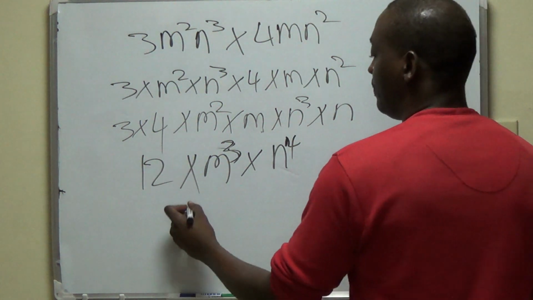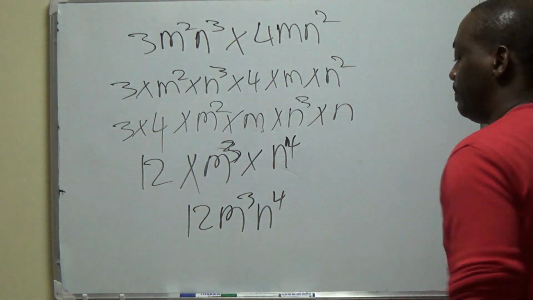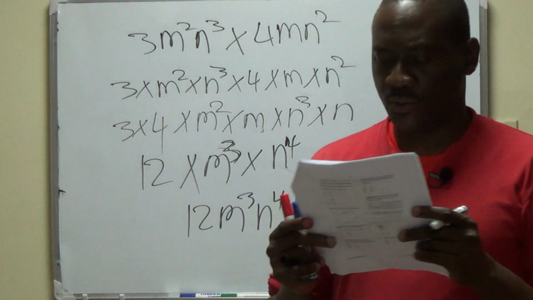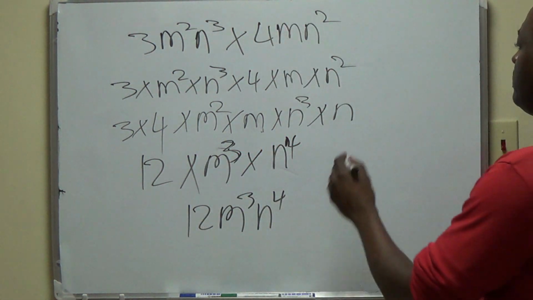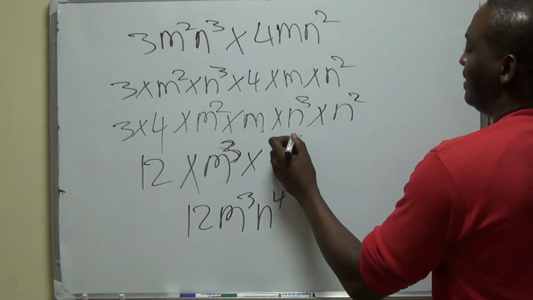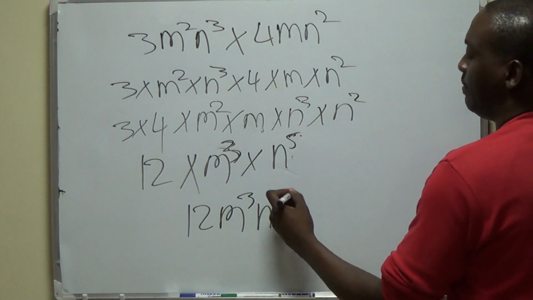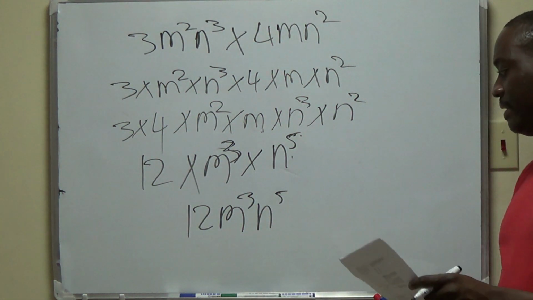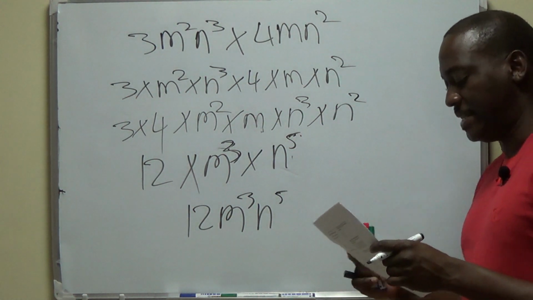Oh, mistake, n squared. So this would be n to the power of 5 here. So your answer would be 12m cubed n to the power of 5, which means that the answer is answer B.